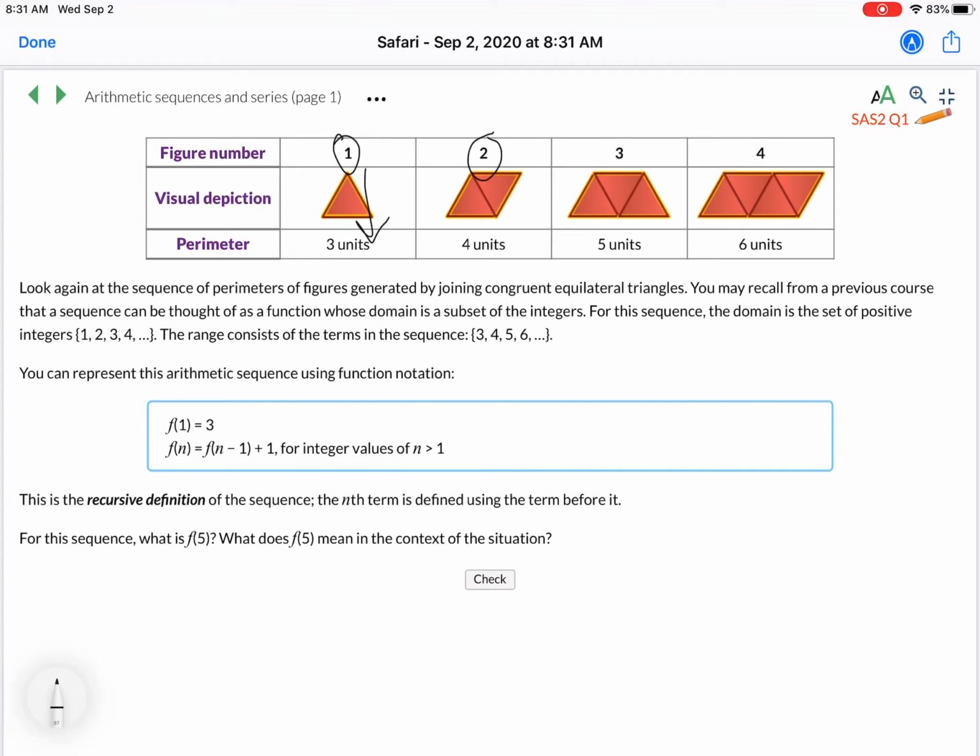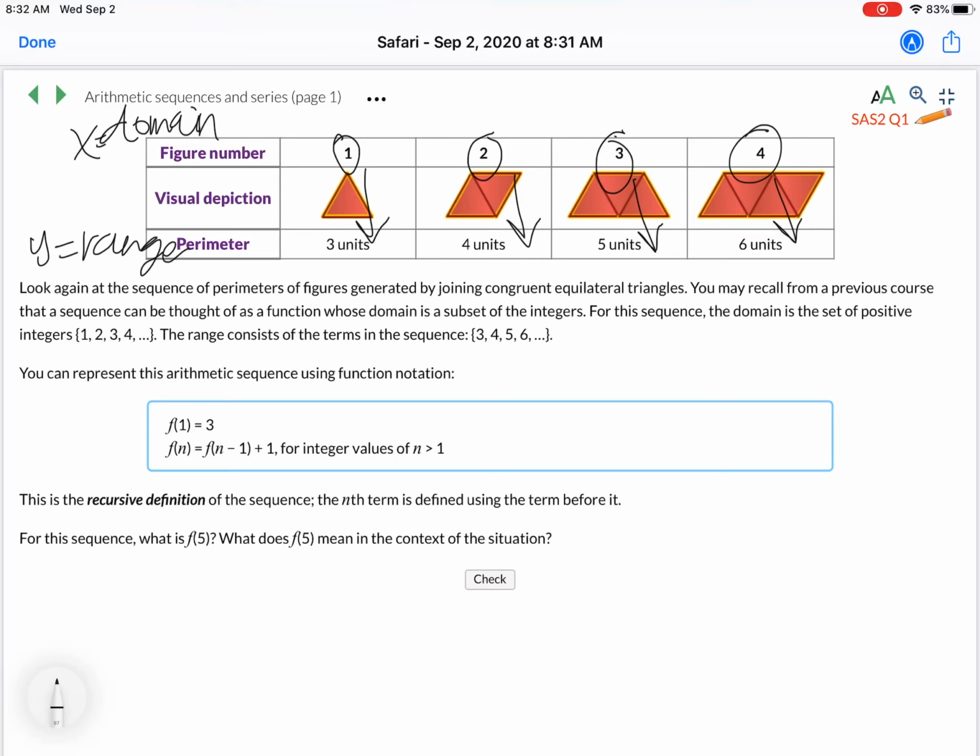If I put in a 2, I'm getting out a 4. If I put in a 3, I'm getting out 5. If I put in 4, I'm getting out 6. Domain is my X, and my Y is my range. That's what this paragraph under the chart says.